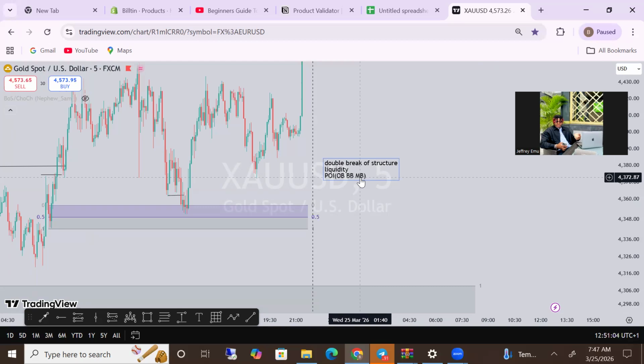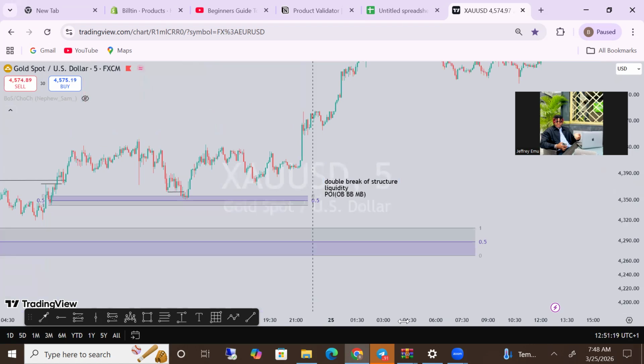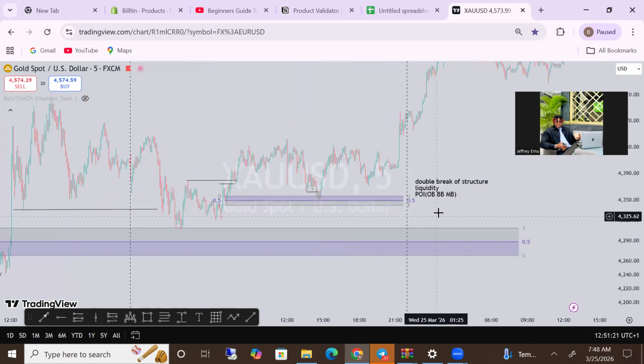There has to be a formation, a pattern, to understand the fair value gap. And then you can use fair value gap also to confirm your order block, your breaker, and the mitigation block. So that's going to be a different topic on its own. But for now, understand the concept of the double break of structure, liquidity, points of interest, which is your OB, breaker block, or mitigation block.